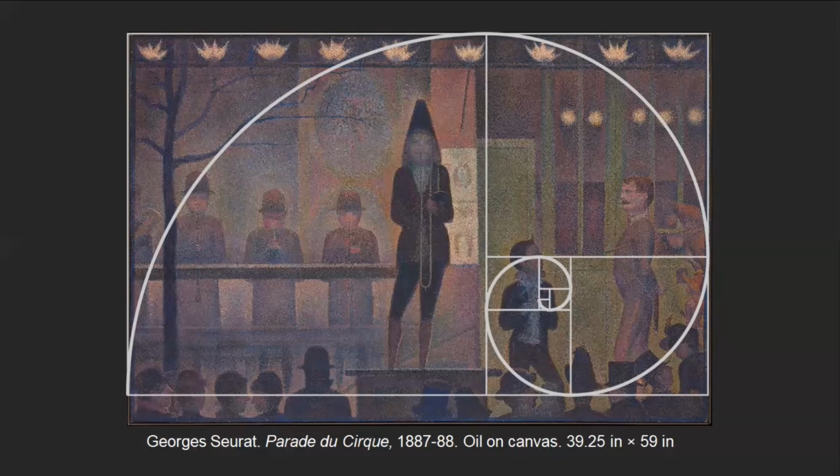And we can see how the proportional breaks are being used to find the location of the boy in the bottom right corner of the picture plane. It's also interesting how the spectators in the bottom right corner are placed along the curve of the spiral.